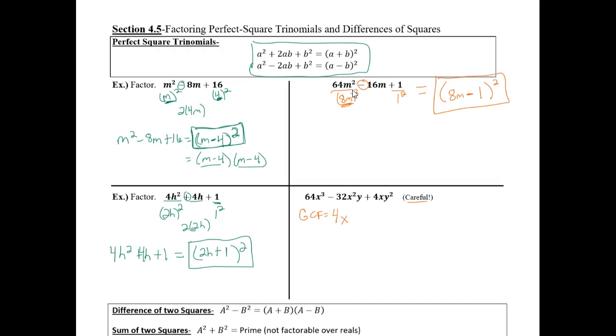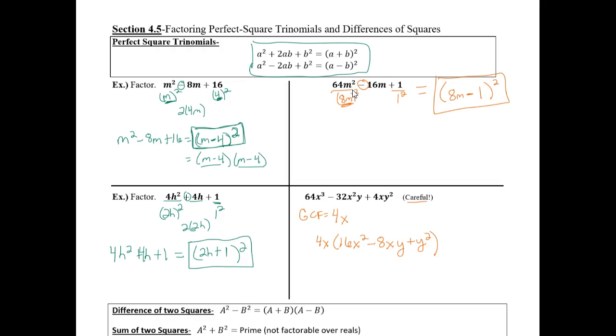So when we take out the 4x, we are left with 16x squared. 32 divided by 4 would be 8. We're dividing out 1x. Still have the y. And 4x divided by 4x would be 1. So we're just left with that y squared. Alright, so we've got the GCF here.